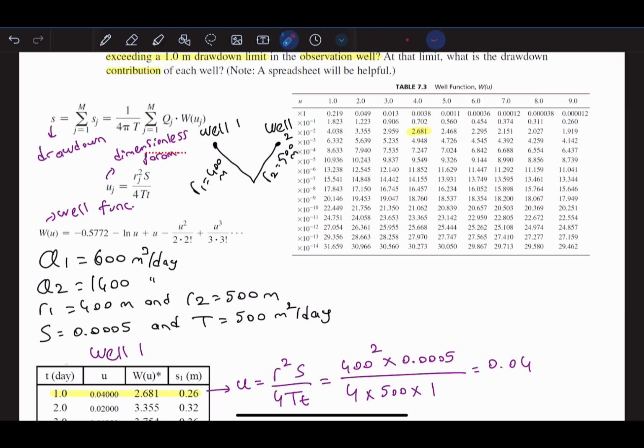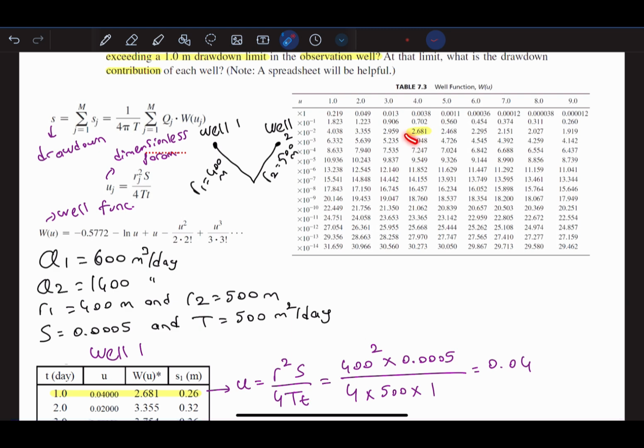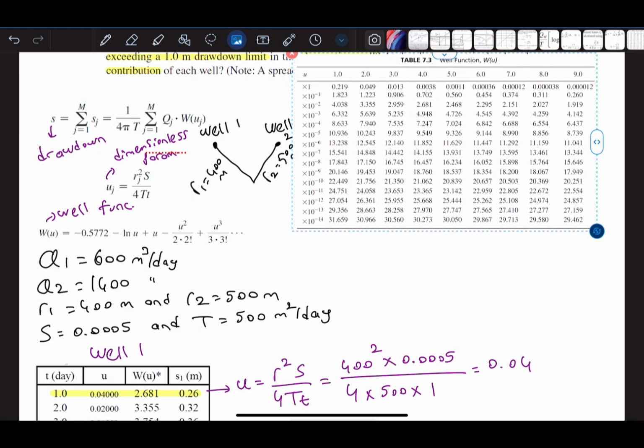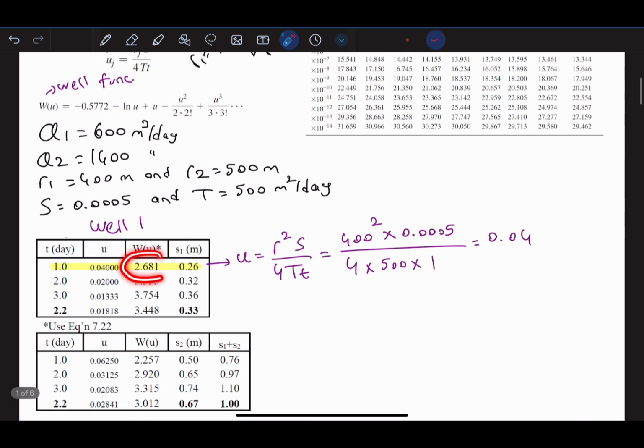So 0.04 will be here, and it gives 2.681. I matched these values to get 0.04, and the corresponding value for the well function is 2.681, which you can see here.